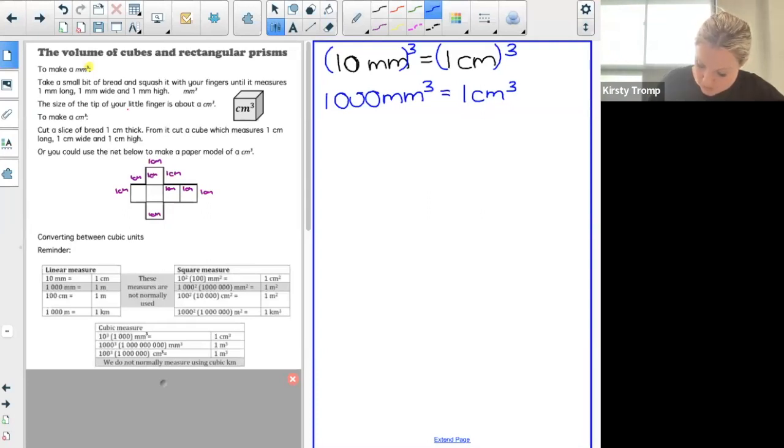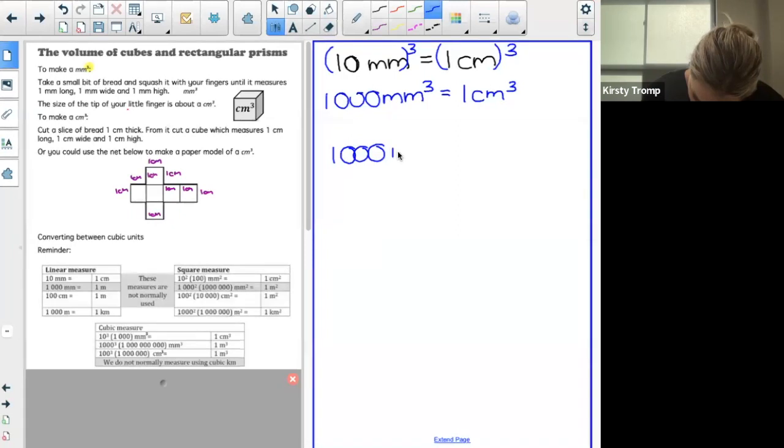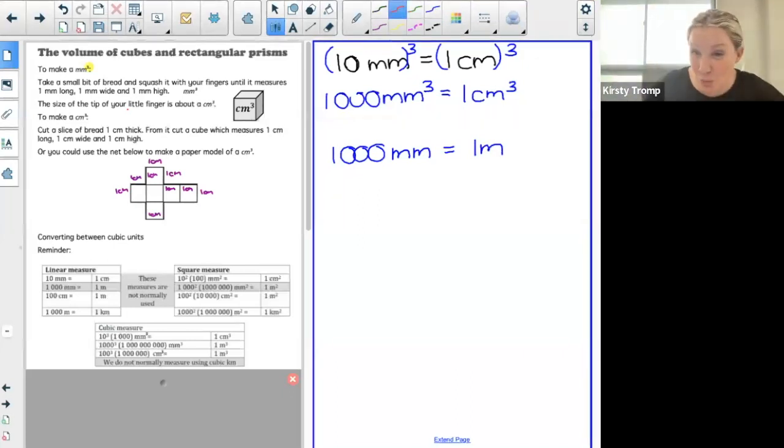All right, let's do one more together. Let's say 1,000 millimeters gives me 1 meter. If I want to cube them, whatever I do to the one side, I must do to the other side.